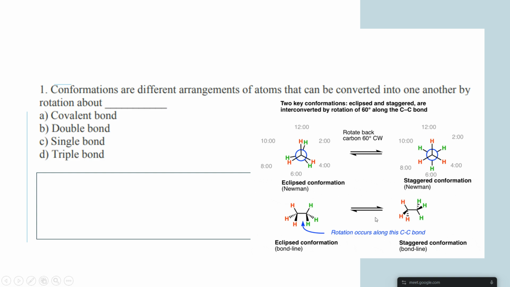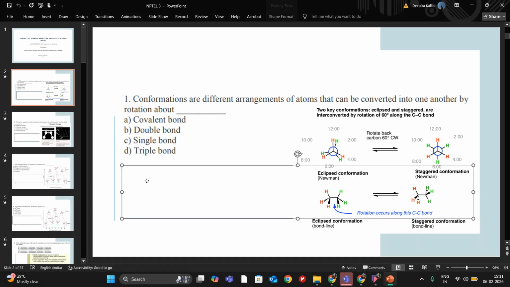Rather, we will always understand rotation along a carbon-carbon single bond. That means one conformation of a molecule can be converted into another by rotating it through an angle along a carbon-carbon single bond. So out of all these four options, the correct option will be option C, single bond.